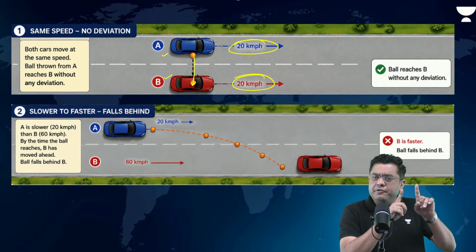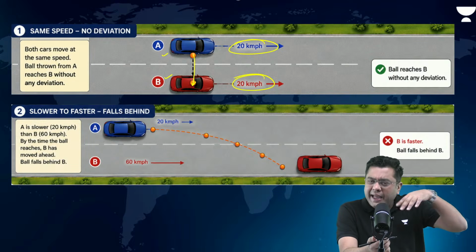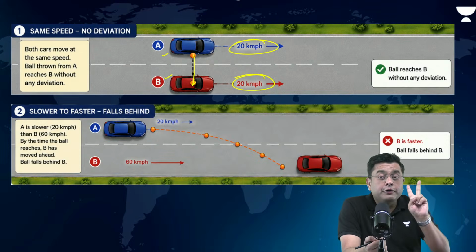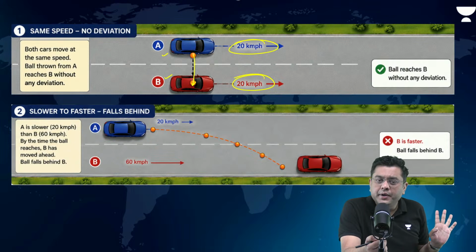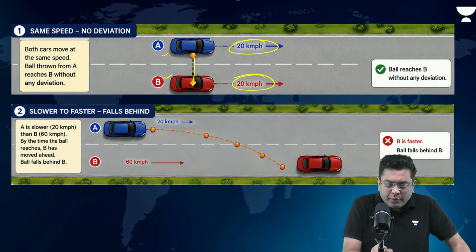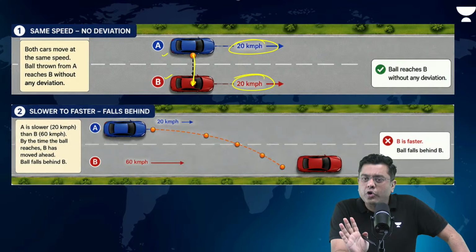Many people drive together. They ride their bikes together. They have the full conversation. They can pass the materials from here to there. And for you, the other person is almost static because both of you are driving at the same speed, isn't it? So when any object moves at the same speed, it is caught, no deviation.